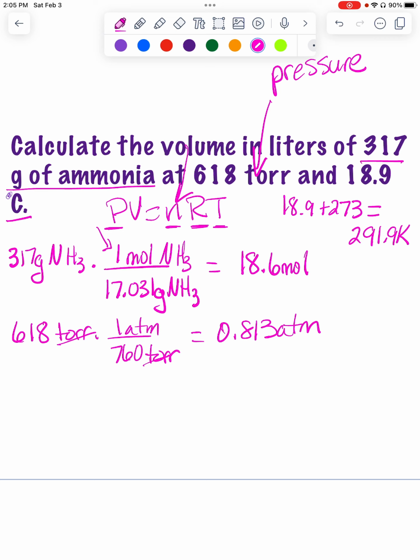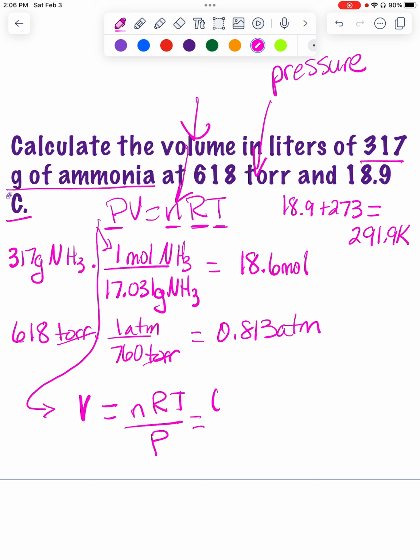Now, I usually just plug and chug and solve for what you want. If you want to manipulate this equation before you use it, you're more than welcome to. Calculate the volume, so I want volume. The equation rearranged is V equals nRT over P. So plug in everything you know: 18.6 moles, the R value in this case is 0.08206 because you've got liters and atmospheres, 291.9 K, divided by the pressure.